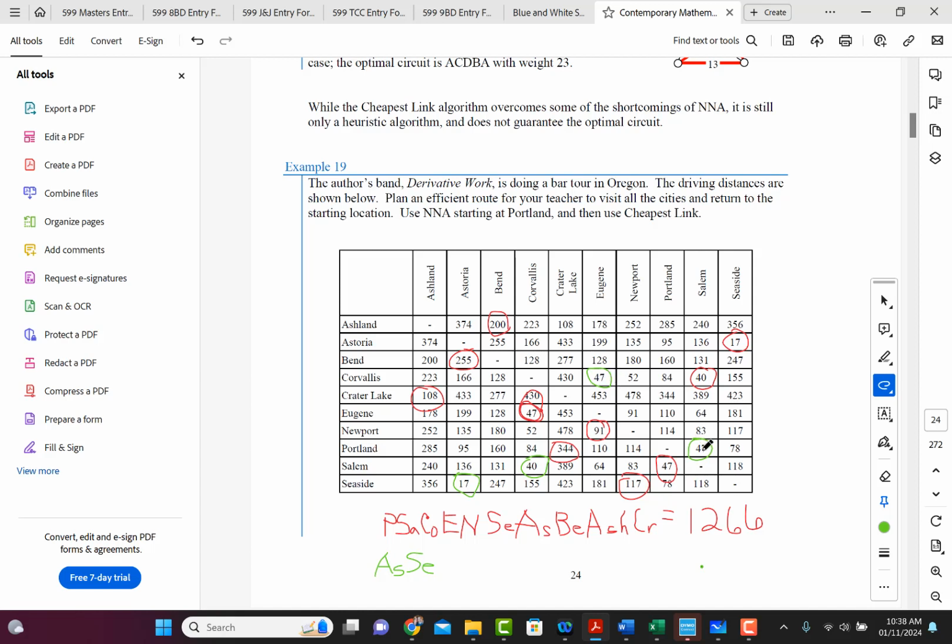And we've got Salem to Portland. Well, we don't want to use Eugene to Salem because, let's see, Salem.